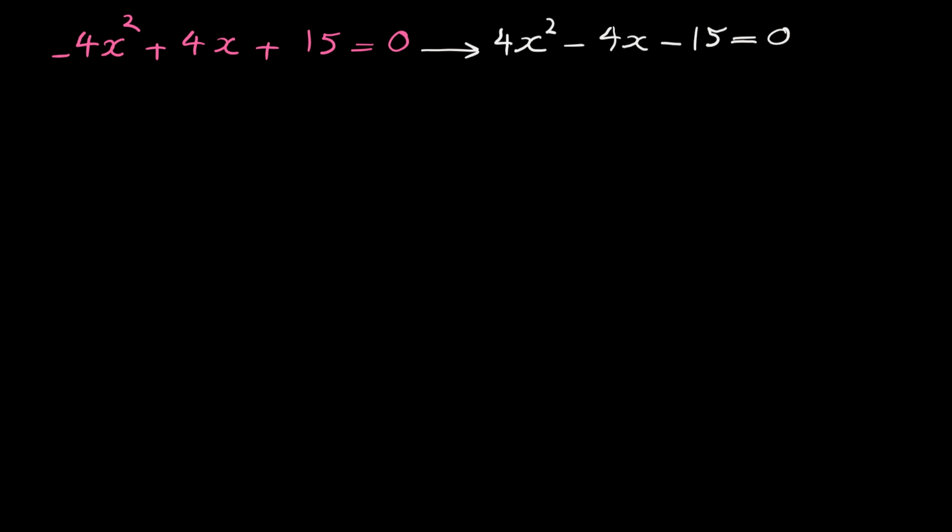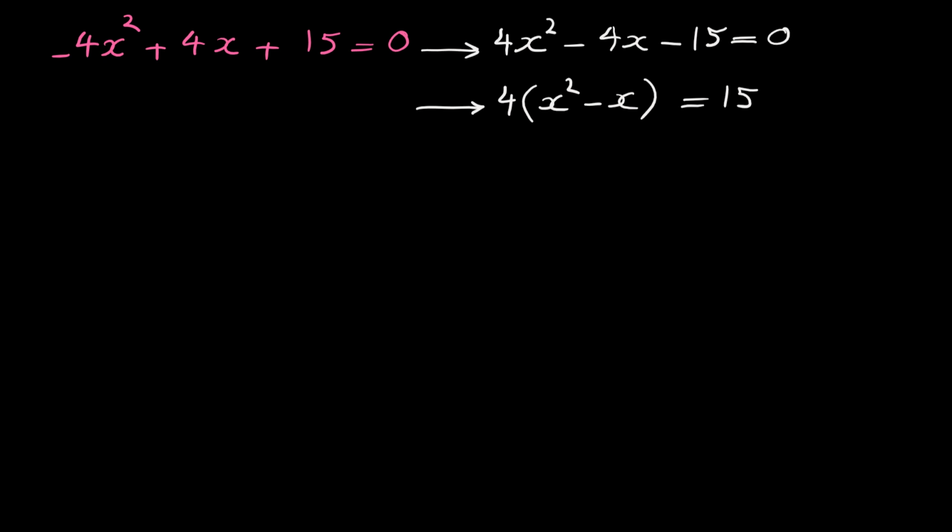Now we have to factor 4 from left side, and we have to move 15 to the other side. I am going to do 2 steps as 1 step, because gradually we have to be able to solve quadratic equations with the completing square method faster.